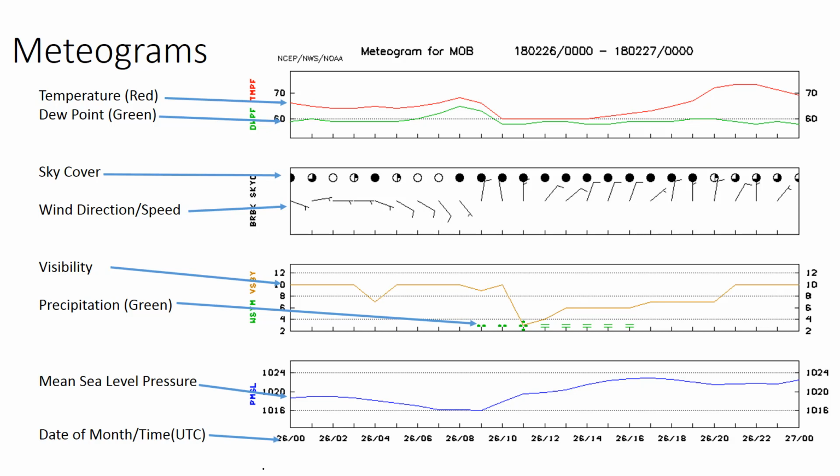So this Meteogram was taken on February 26th, so this was the 26th. And the second number, on the right side of the slash, is the time in UTC. And remember, UTC is the time at Greenwich, England. It's the universal time coordinate we in the wonderful world of weather use.